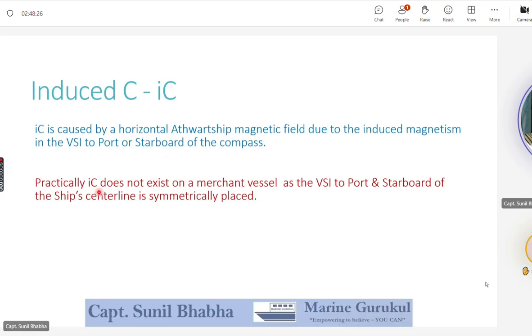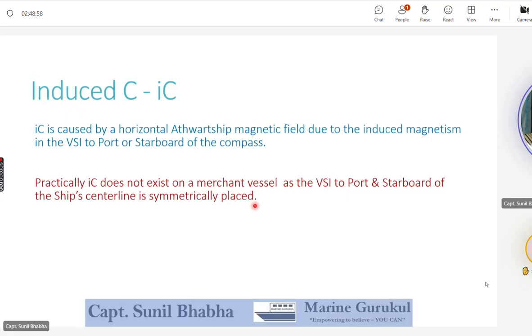Practically, IC does not exist on a merchant vessel, as the vertical soft iron to port and starboard of the ship's center line, if it is there, is symmetrically placed. So practically, coefficient induced C or IC is not present on most merchant vessels because, number one, there is hardly any prominent vertical soft iron structure to port or to the starboard of the compass location.